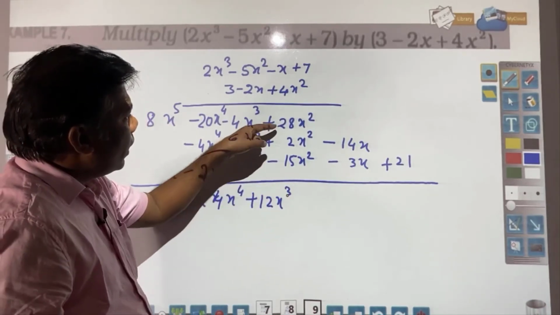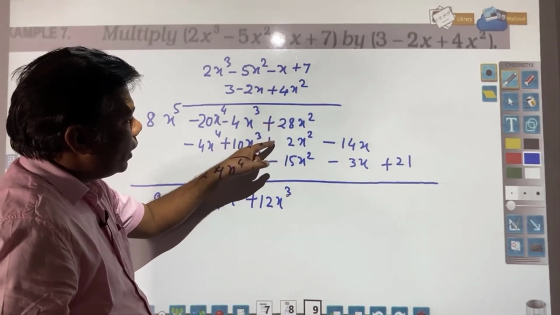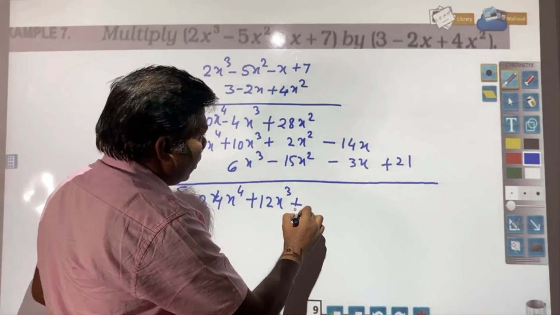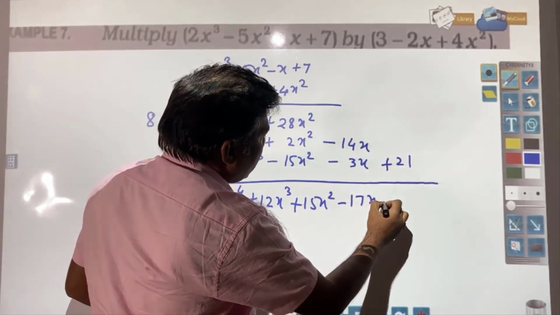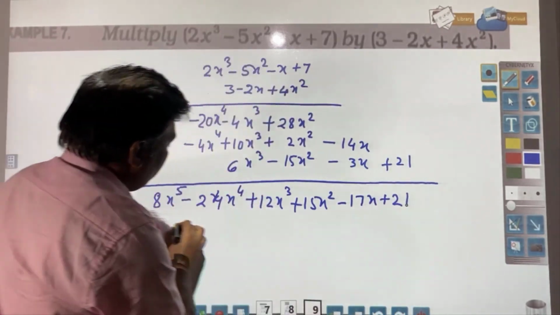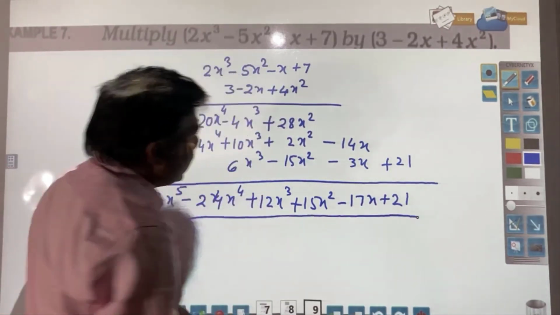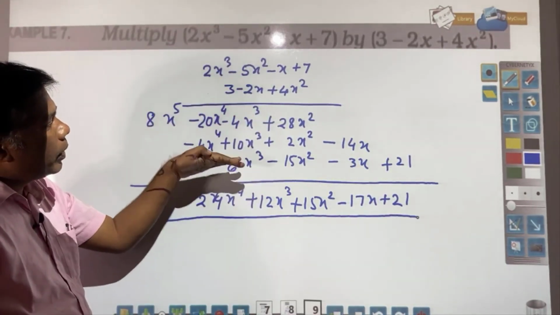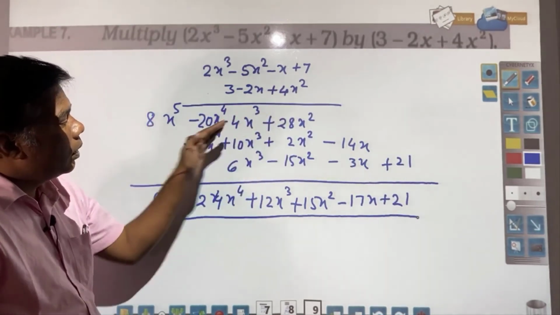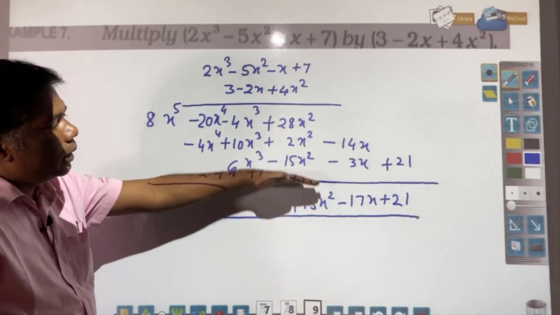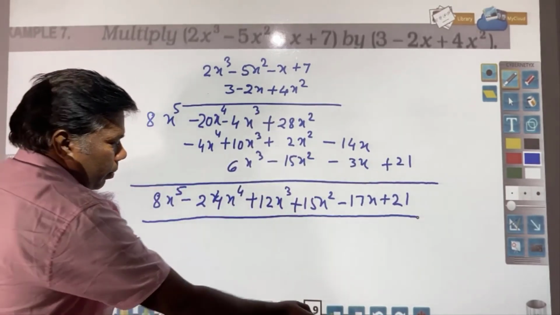Here you have 28 and 2, 30. 30 minus 15 will be 15x square. It will be minus 17x plus 21, and this will be your answer. So in this way, in a proper way, by recognizing terms, you need to write down, and it is required to be added.